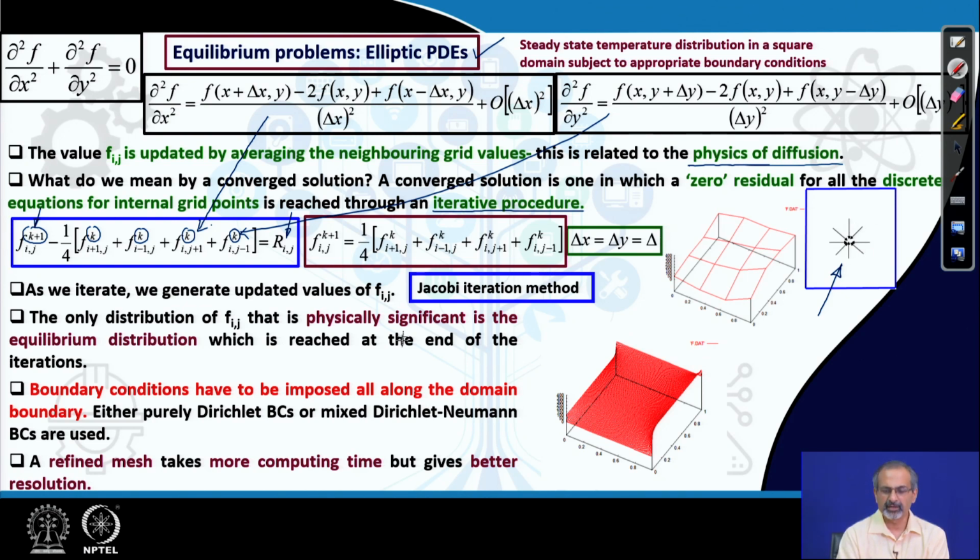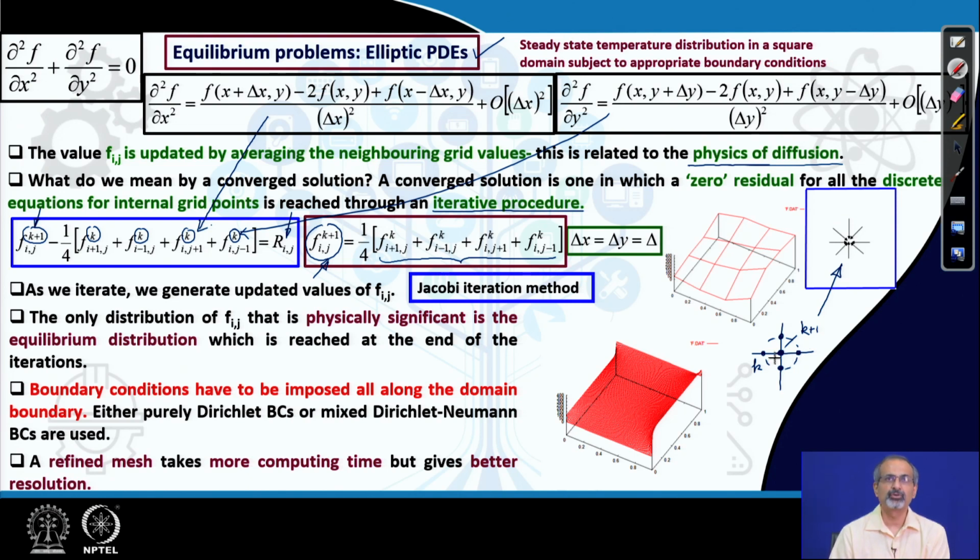So, what you can figure out is that you can take the current iteration level values of f i plus 1 j, f i minus 1 j, f i j plus 1 and f i j minus 1 to generate the next iteration level values of f i j. So, what we mean to say is that the central point will be taken to the next iteration level value based on values of its immediate neighbors, which are coming from the kth iteration level.